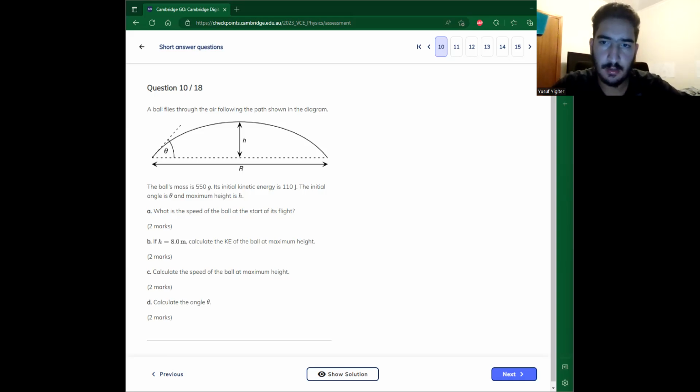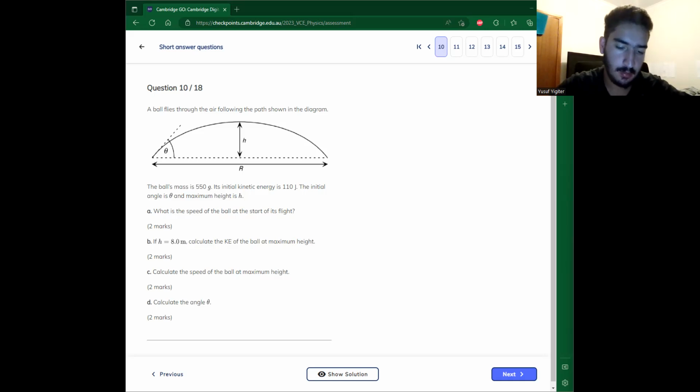let's find E_G. Now the formula for E_G is mgh. Can I say that we can divide m from both sides of the equation? Because there's an m here, an m here, and an m here. So we divide by m, so m becomes irrelevant.